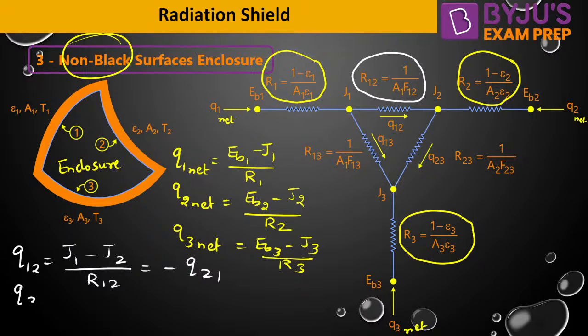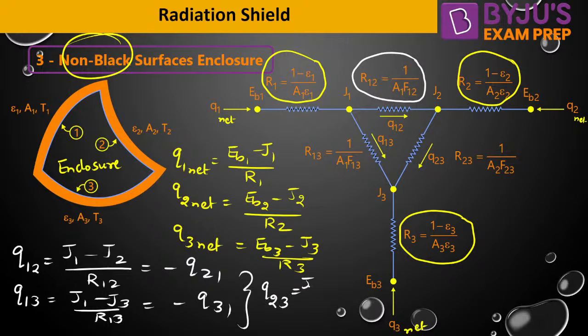Similarly, Q1 to 3 can be written as J1 minus J3 upon R13, that is equal to minus Q3 to 1. And also we can write Q2 to 3 equal to J2 minus J3 upon R23, that is equal to minus Q3 to 2. Do you get it?